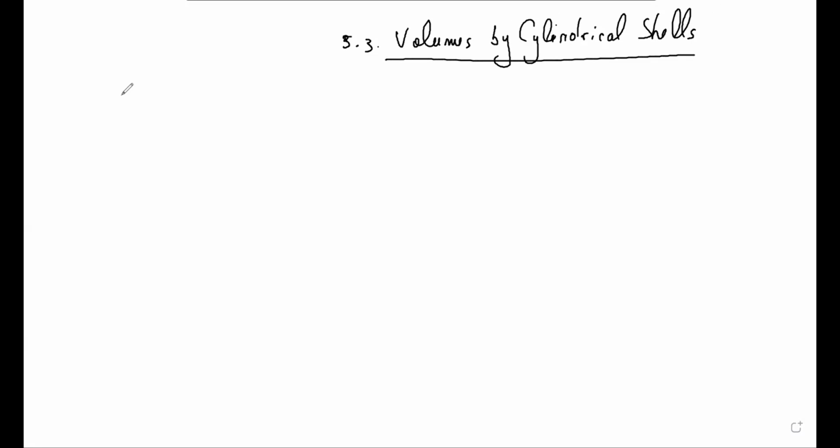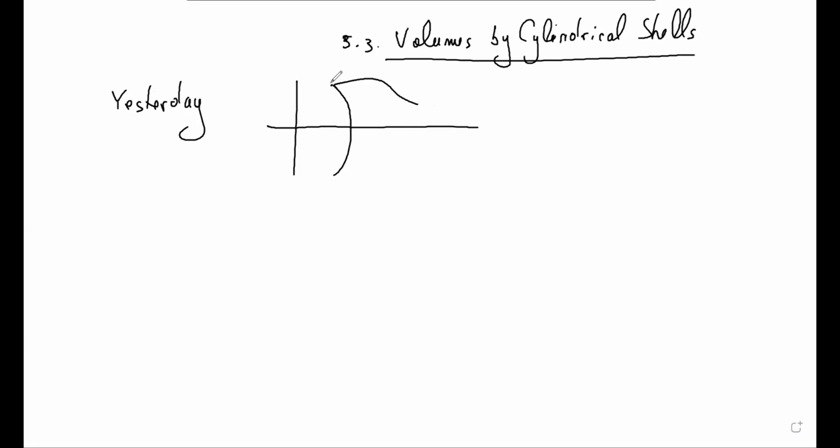Again, yesterday we did this. I just have to start this again. We had this situation, and there we go. We had y equals f of x, the x-axis, rotation above the x-axis, and the y-axis here.